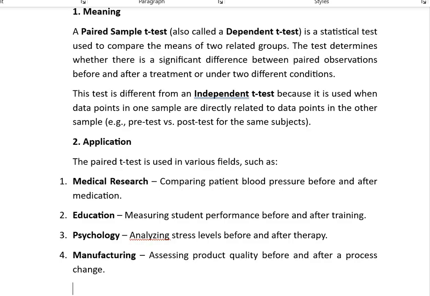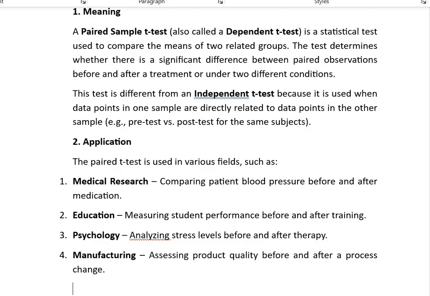In psychology, psychologists use a treatment and check the stress level of an employee before and after. In the manufacturing industry, for any change in the manufacturing place, we look at the process before and after. In such cases only we use the paired sample test.